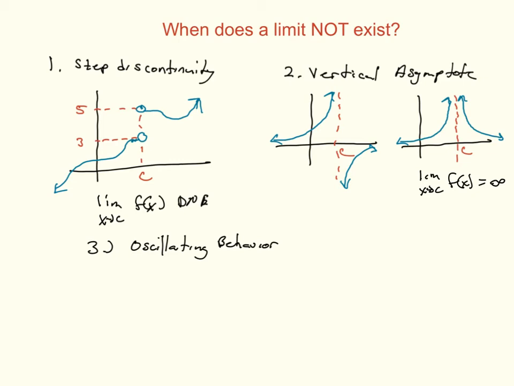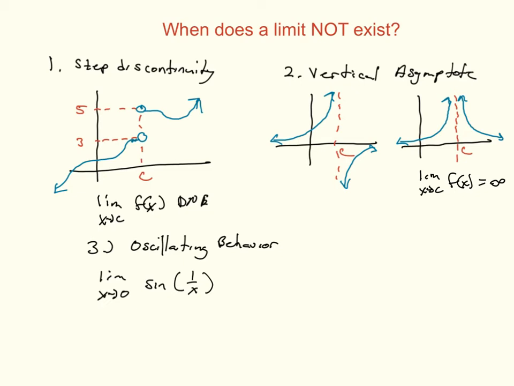For example, one of the examples in your book, on page 51, example number 5, is looking at the limit as x approaches 0 of the sine of 1 over x.